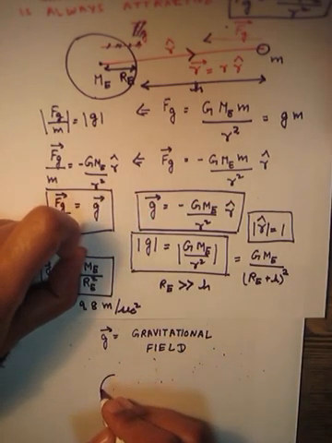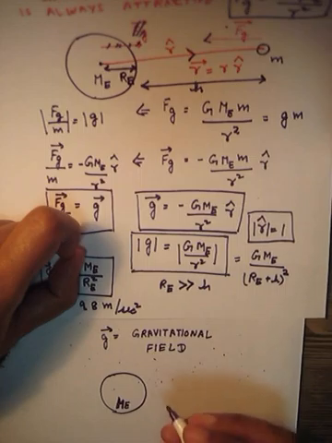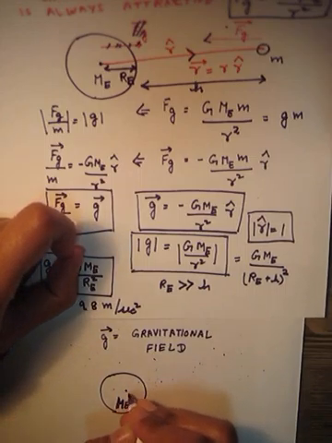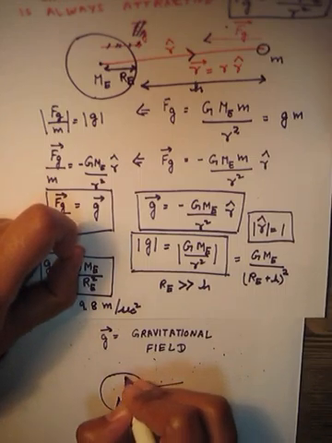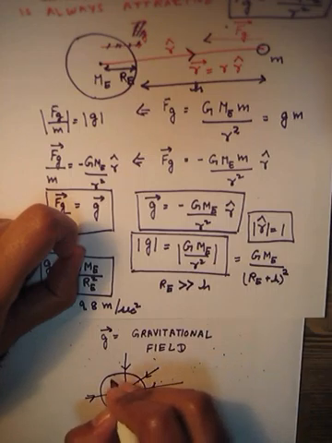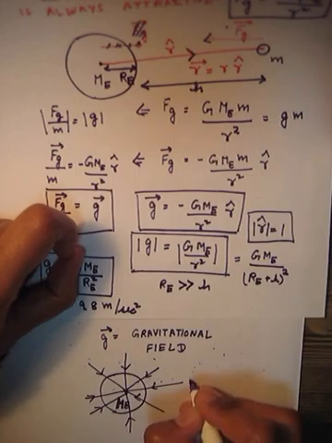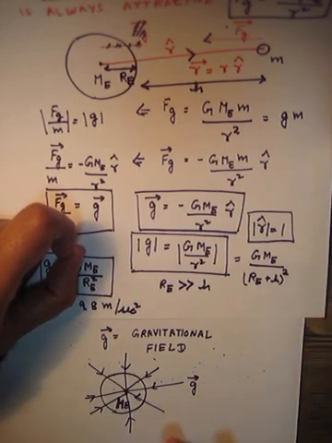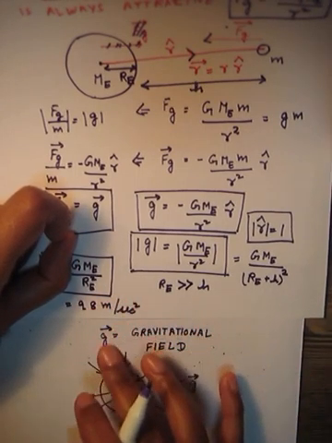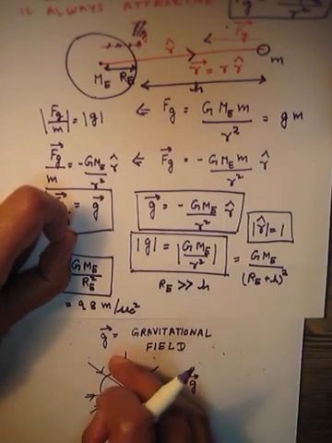Around Earth there will be a field, and that field will always be towards the Earth. So this will be g vector. A field means some invisible force around a mass due to which another mass feels an attraction.